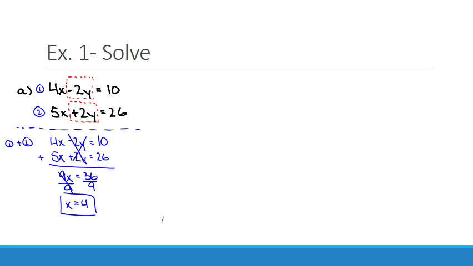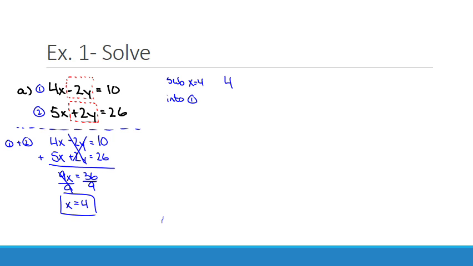The next thing I'm going to do is, well, there's a choice here. I could start over again and attempt to eliminate the x's in order to solve for the y. Or I can dip back into the substitution method and do the following. I can simply sub x equals 4 into one of these equations. Now I worked with both equations, so it doesn't matter which one I actually work with. So I'll just say equation 1.